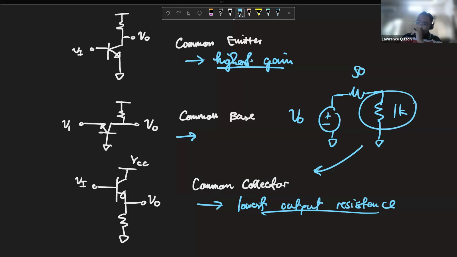So ano si common base? To be honest, I don't use common base, and I've never seen it used in particular. But if I remember correctly, it can be used as an input stage where the input resistance is actually extremely high. So yun lang naman yung common base.